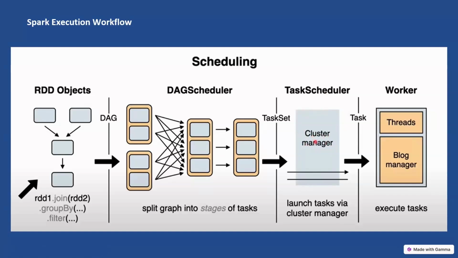It would execute, but the cluster manager needs to know where I need to execute, right? In which executor does it have enough memory? Does it have the right partitions on which I need to execute that piece of code? All this information the cluster manager has. So it executes this task with the help of a cluster manager, and that piece of task is basically a piece of code and a piece of partition.